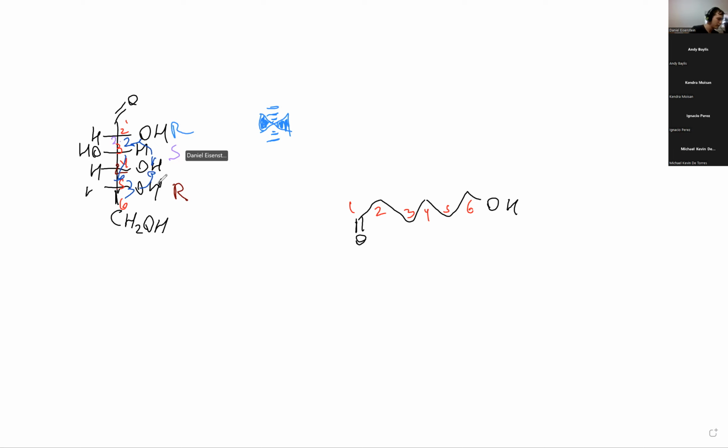That is going to look like S, and then I'm going to flip it to R. Okay, so R, S, R, R. Those are the configurations at carbon 2, 3, 4, and then 5. All right, so what I'm going to do is I'm going to write on my carbon skeleton R, S, R, and R. Okay, that's going to make this next step a lot easier.